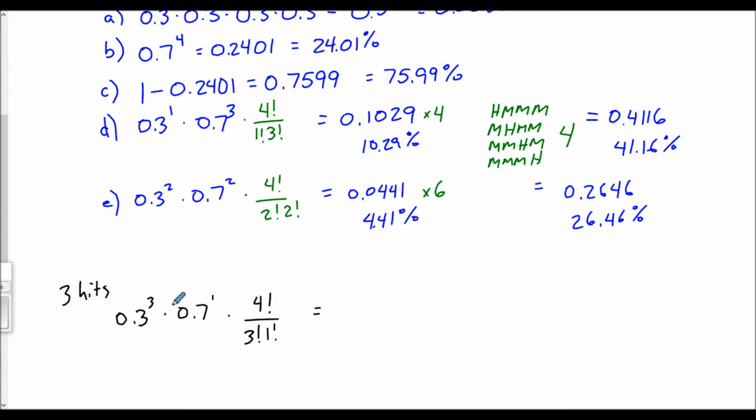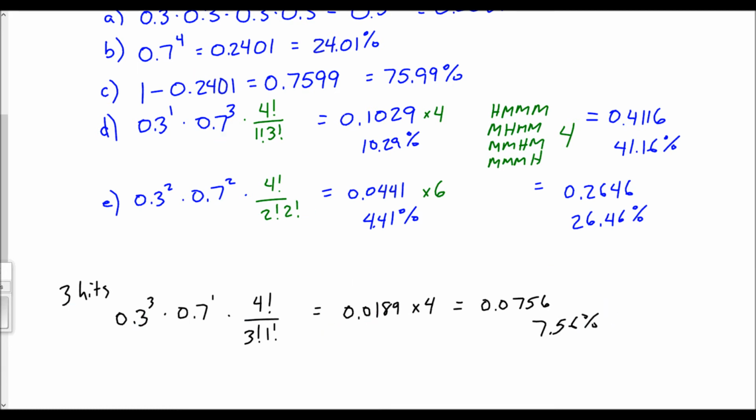Well, 0.3 to the power 3 times 0.7 to the power 1 comes out as 0.0189. 4 factorial divided by 3 factorial, 1 factorial is 4. So all of that calculates out as 0.0756, or 7.56%.